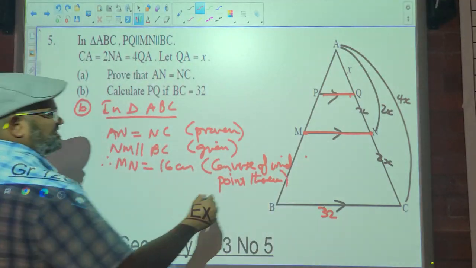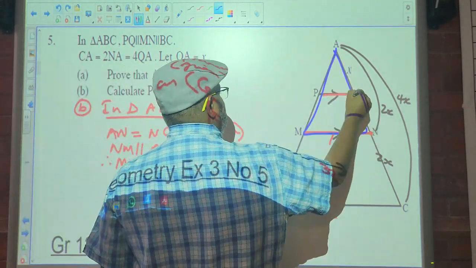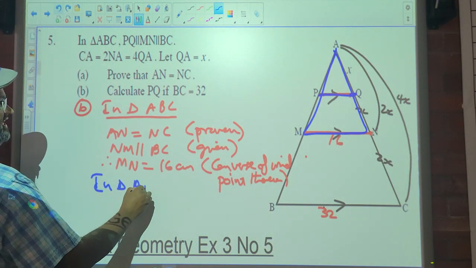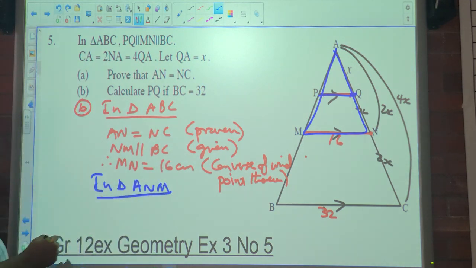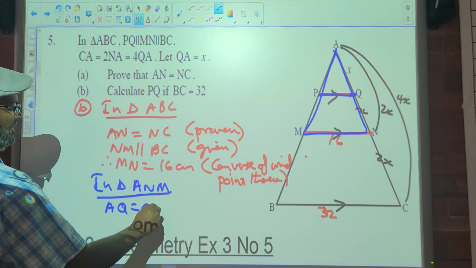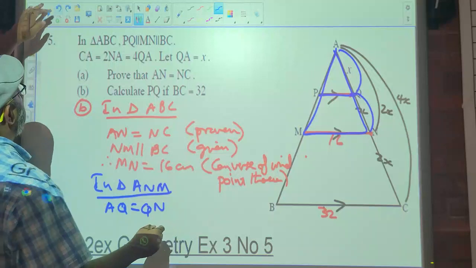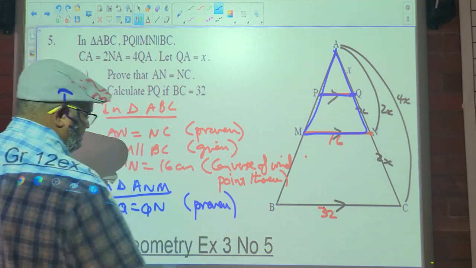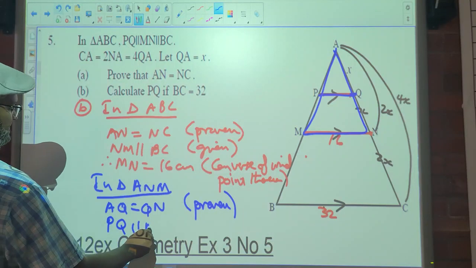So here's 16 now. So in this triangle here, that's again the midpoint. So in triangle AMN, what do we know? We know that AQ is equal to QN. Why? Proven. What else do we know? We know that PQ is parallel to MN.